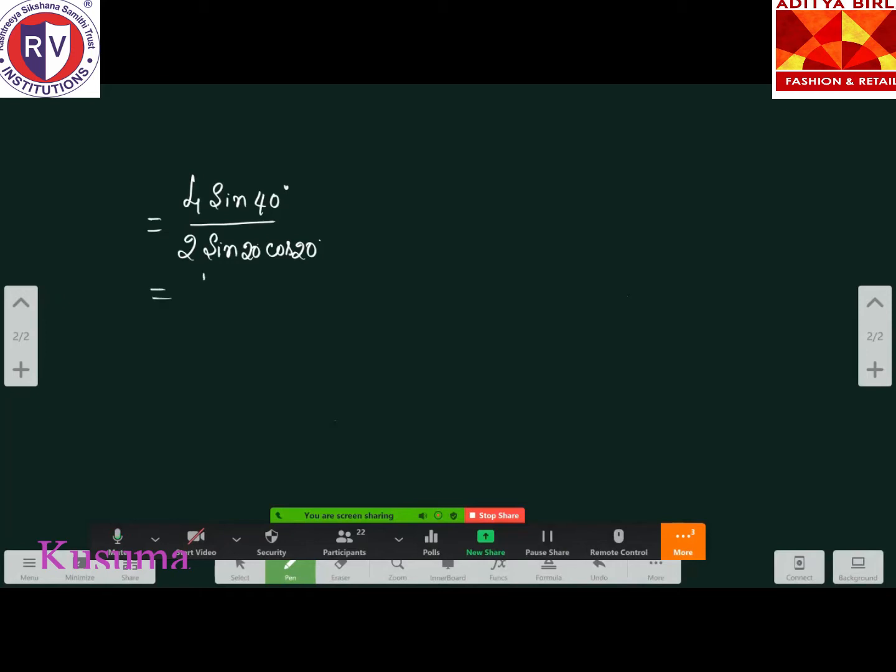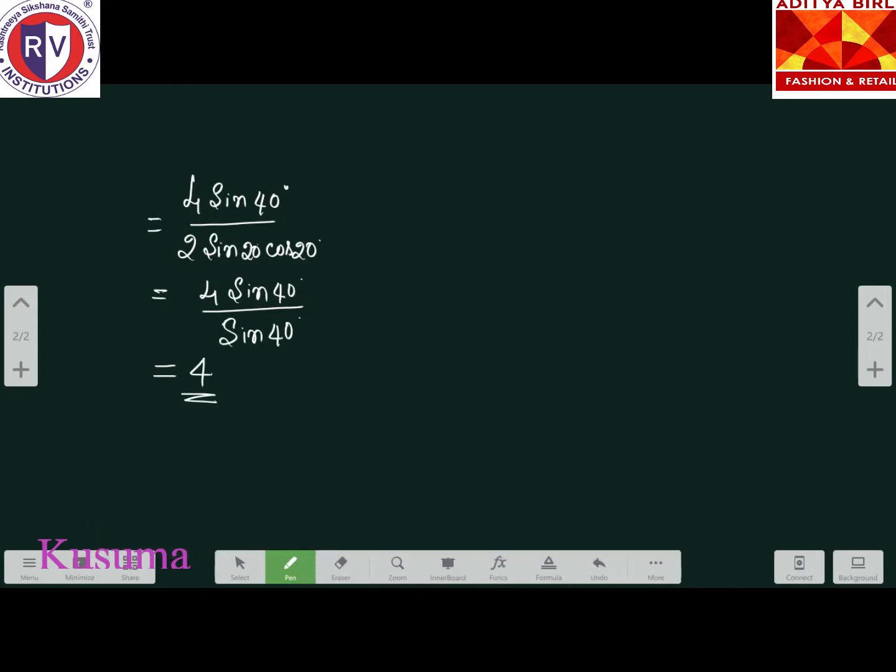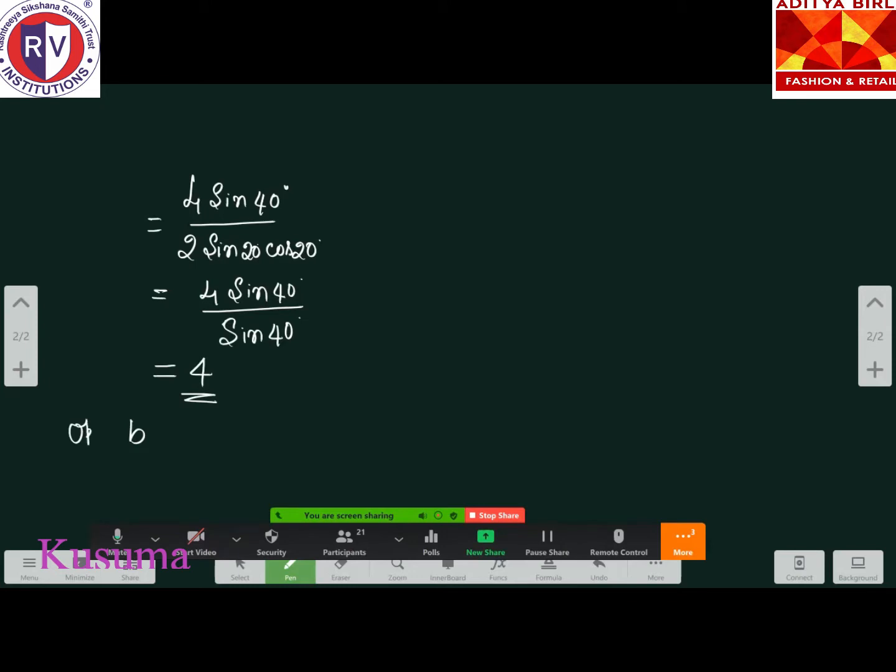So this will be 4 sine 40 degree divided by sine 40 degree. So sine 40 degree in the numerator and denominator gets cancelled to give us 4. 4 is the value of root 3 cosecant 20 degree minus secant 20 degree. So this is your option B. Option B is the right answer.